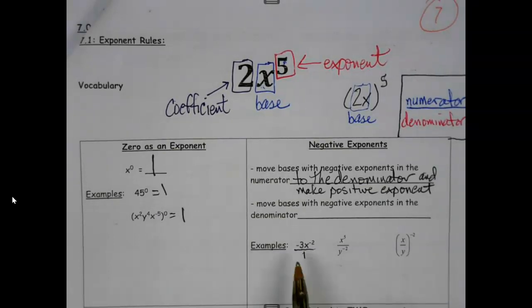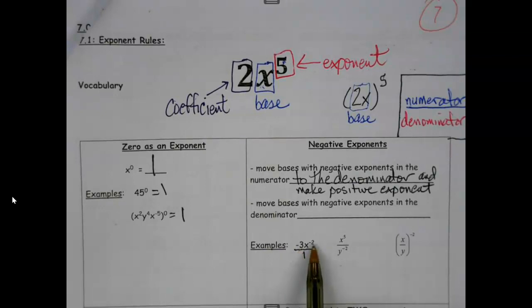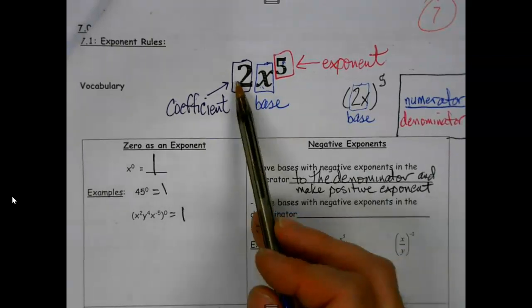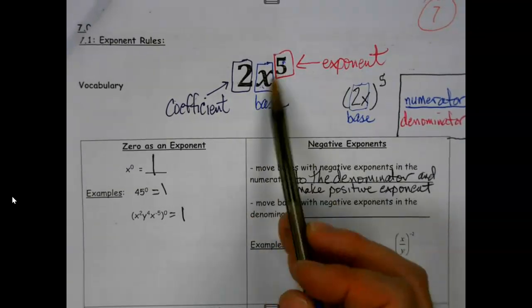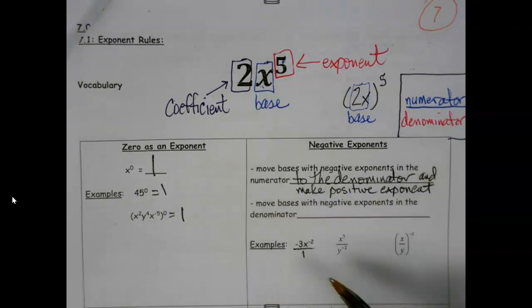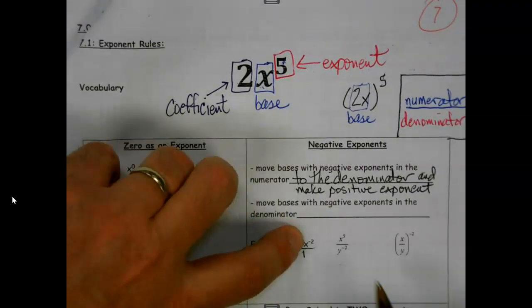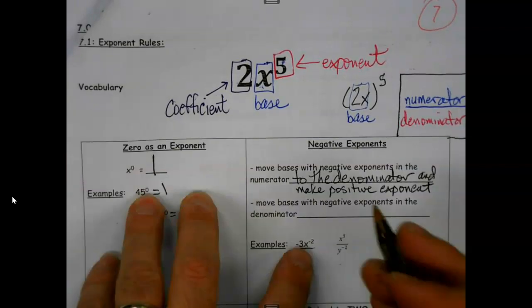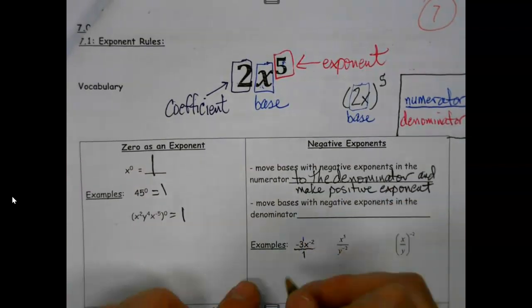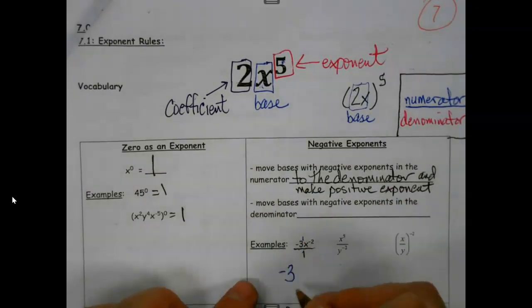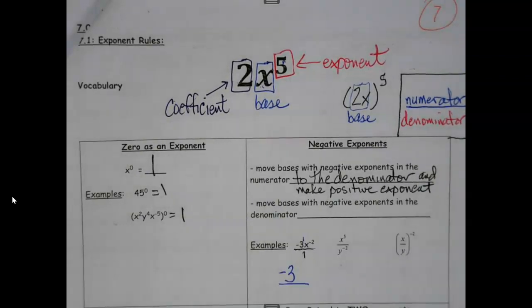So, negative 3 is not part of this, because remember, the only thing that goes with my exponent is what's directly in front of it, unless there's parentheses. So it's just that x to the negative 2. This negative 3 doesn't move. It stays right where it's at.